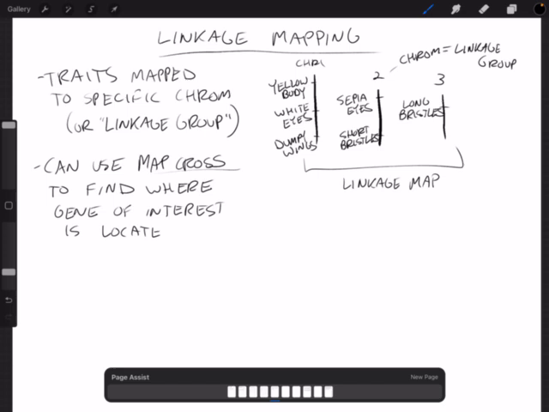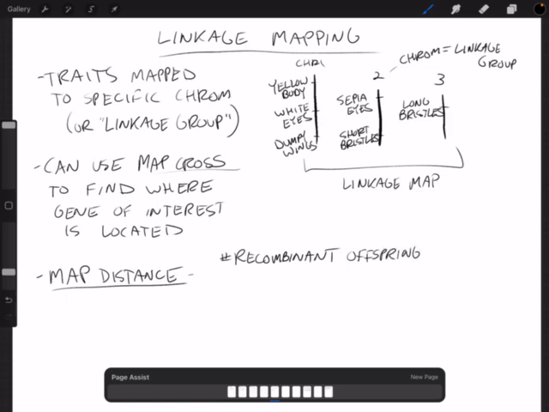All right. Now, if you want to know how far away genes are from one another, you can calculate what is called a map distance. The map distance is the number of recombinant offspring, so these are the non-parental phenotype combinations, and you can divide that by all of the offspring you're counting and multiply by 100.